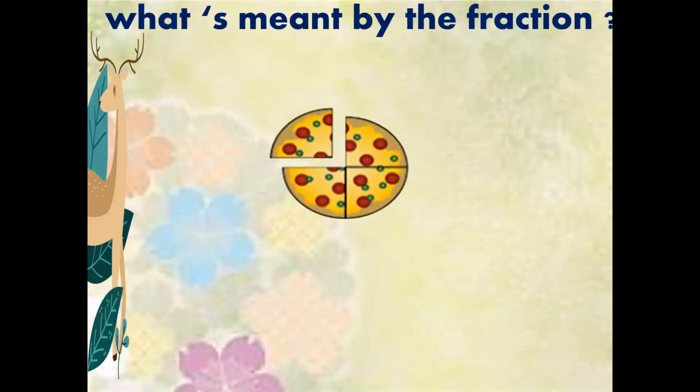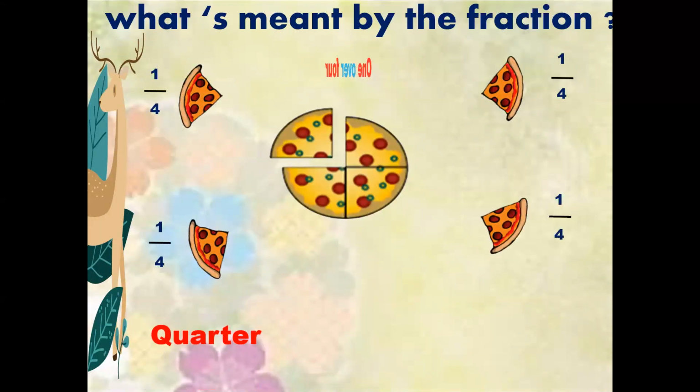What's meant by fraction? Here we have a big pizza and we also have 4 students. We want to divide the pizza into 4 parts, so we can give every student 1 part.